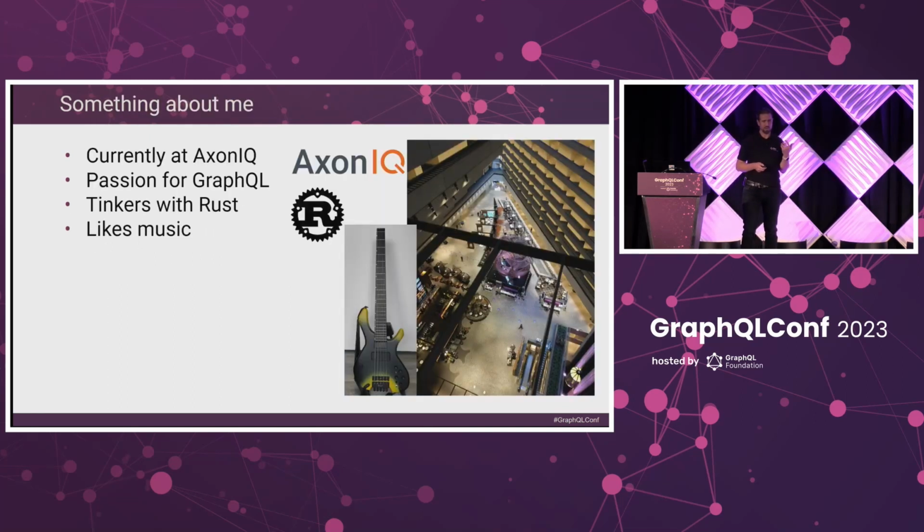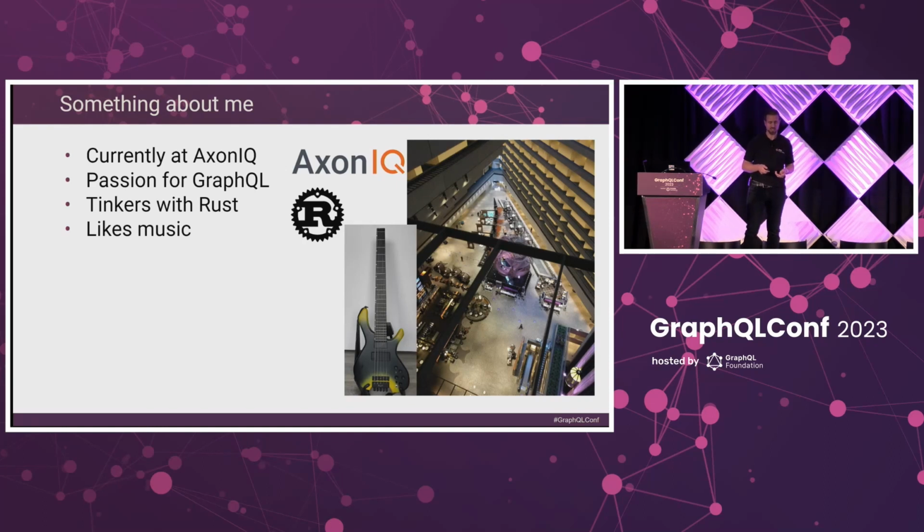So a quick something about me. I'm currently working at AxonIQ, that's now for 1.5 years. AxonIQ is a company that's built around what was, or still is, a framework for the JVM, which is combining CQRS, event sourcing, and DDD. I also like to tinker with Rust.